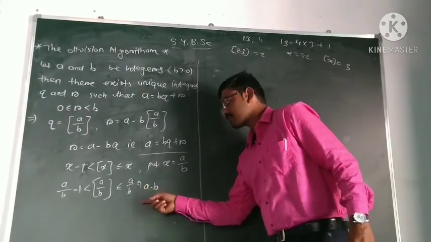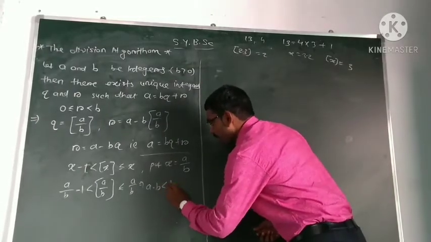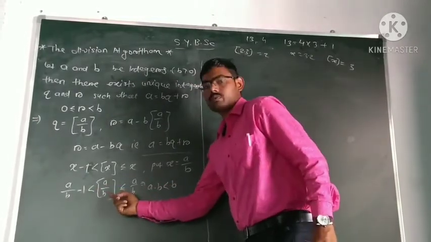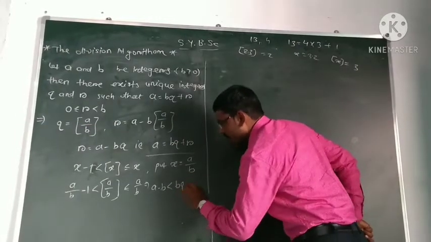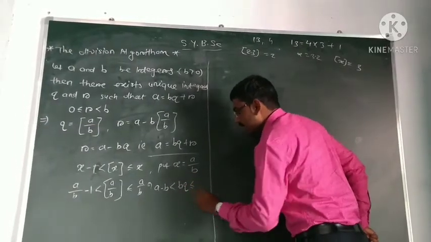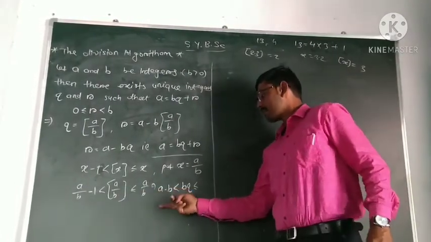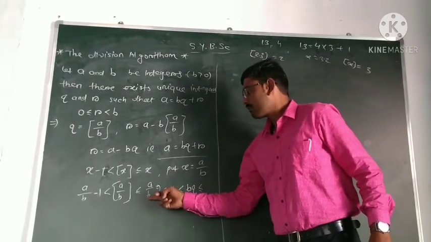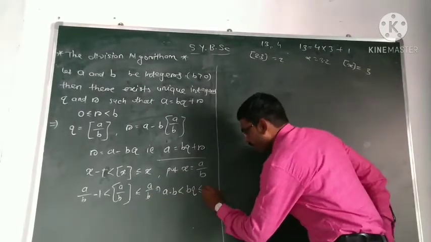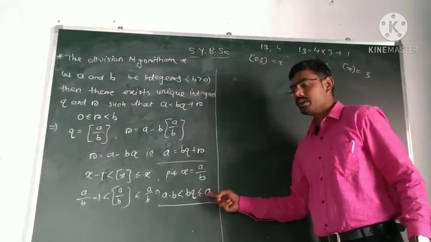This is less than b into the greatest integer, whose value is q, so less than b into q, which is less than or equal to, again multiplying a by b by b, so b and b get cancelled and only a remains. So a minus b is always less than bq, which is always less than or equal to a.